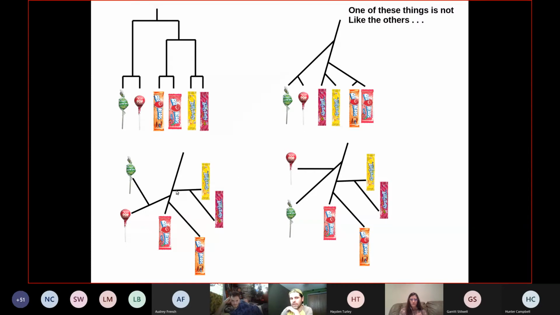Does that make sense? It gets confusing when you look at phylogeny. Sometimes phylogenies are drawn like this. If you get a lot of taxa, they put them in kind of a circle. Think about the relationships that are being depicted in terms of what is sister to what. So top left, the sister group to the lollipops is what?